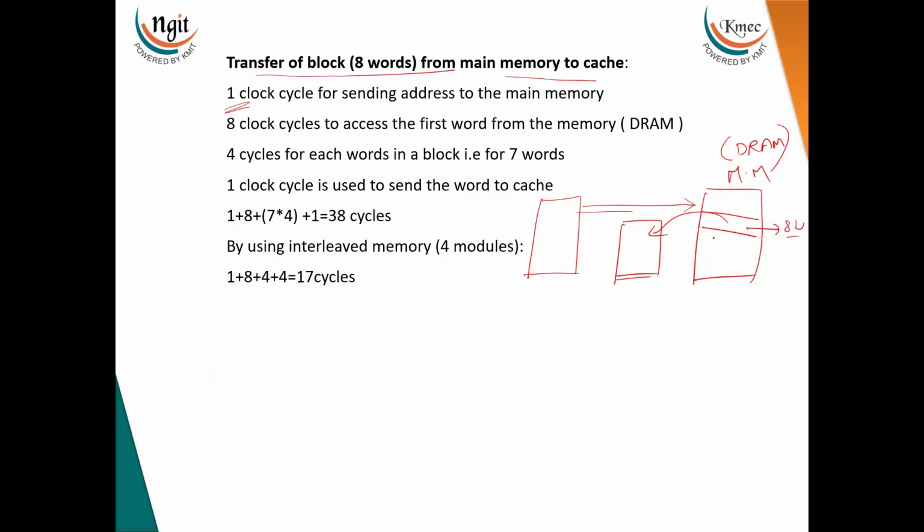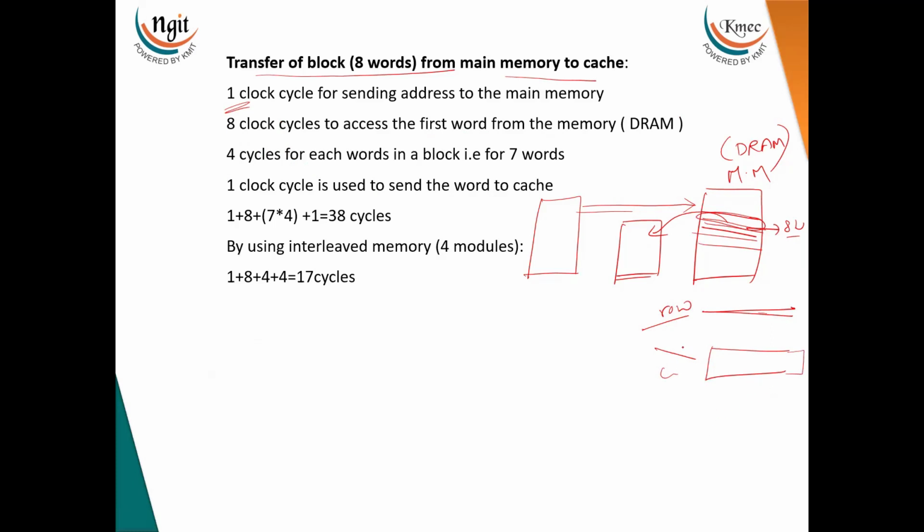This is the normal memory, where consecutive words are stored like this. Why does the first word take 8 clock cycles? In DRAM, the address is divided into a row address and a column address. Once the row is activated, that complete data is loaded into the latches, and after that, depending upon the column, the data is taken from the particular column.